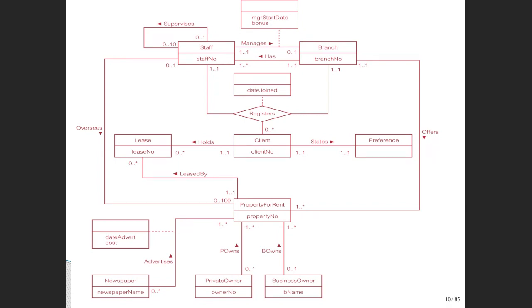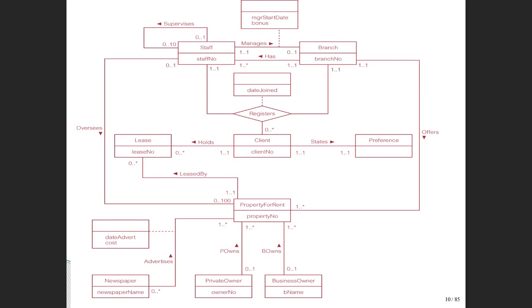Let me give you a very simple example. Here we have an enterprise including different entities. Entities can be represented with this rectangle shape. I've mentioned this before, how this is represented logically.